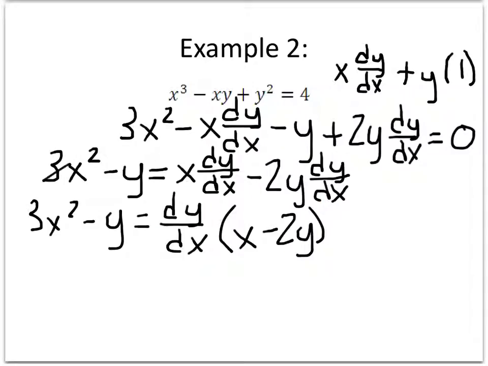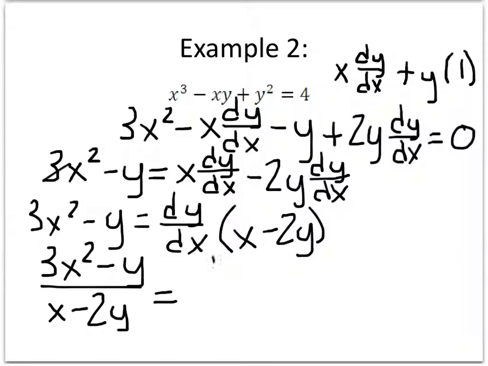So let's do that here. After you divide by x minus 2y, you get the final answer of 3x squared minus y over x minus 2y equals dy over dx. So that is your final derivative of x cubed minus x times y plus y squared equals 4.